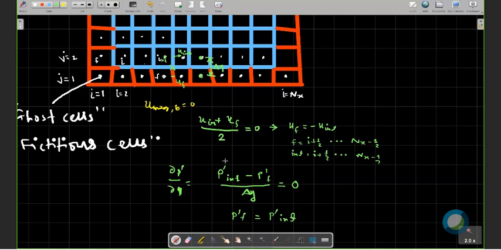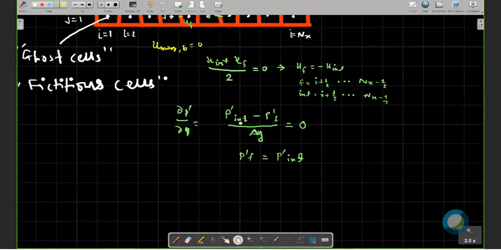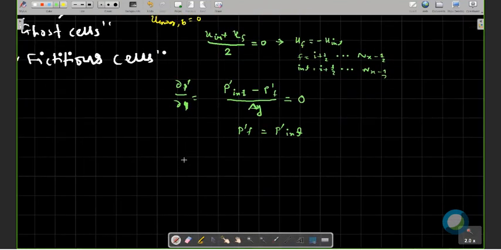So likewise, you can implement any boundary condition. Suppose you have a del t by del y boundary condition, then again you have to write t interior minus t at the fictitious cell divided by delta y equals 0, and this will give you t at the fictitious cell equal to t at the interior.